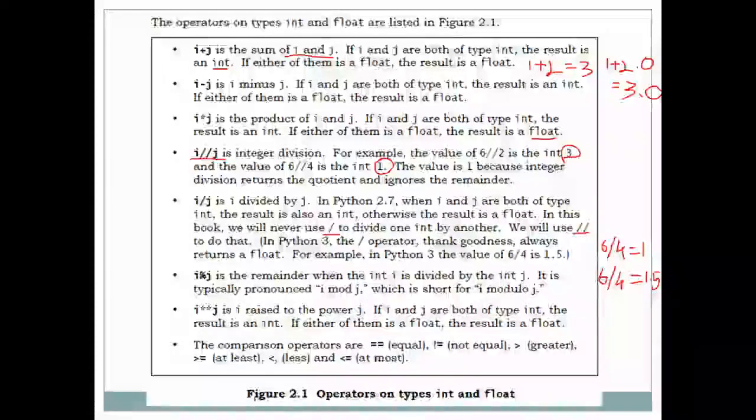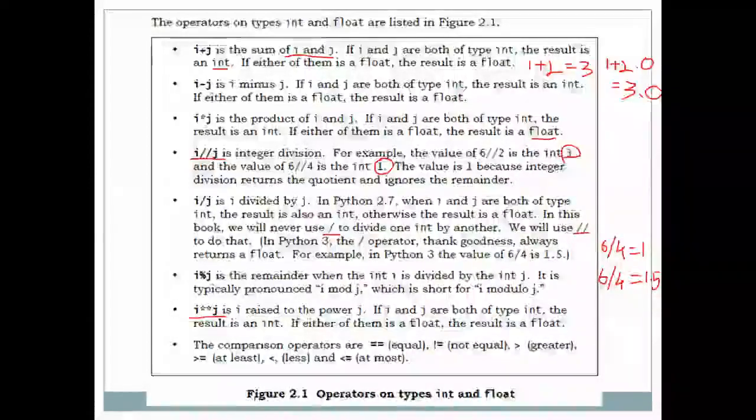Okay. Then we have the operator i mod j, that is the remainder when i is divided by j. It is typically pronounced as i mod j, which is short for i modulo j. Again, this returns the remainder. Then the next is i star star j, which simply means i raised to the power of j. If i and j both are of type int, the result is int.